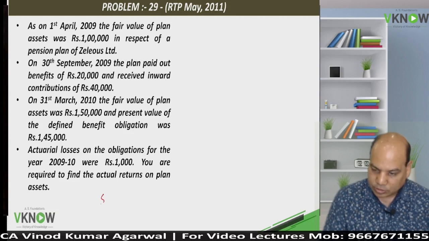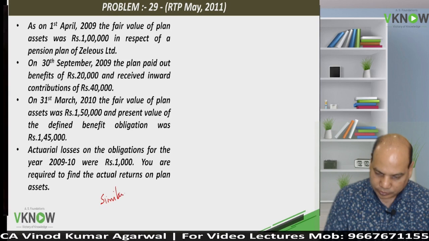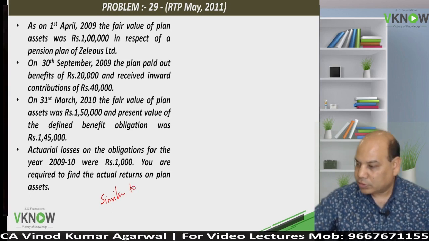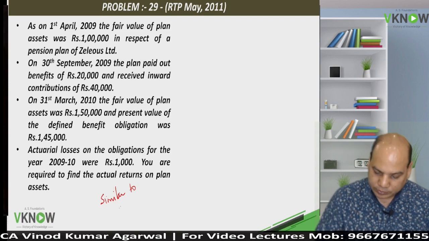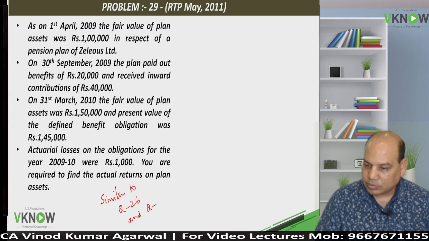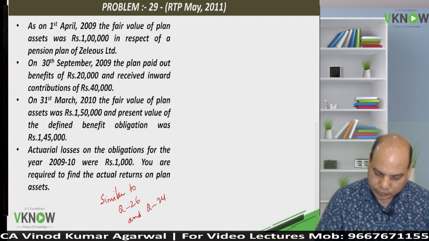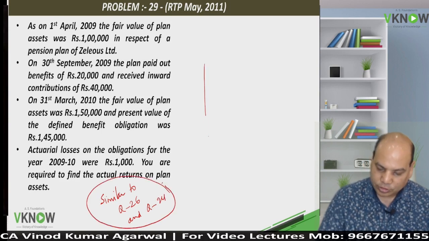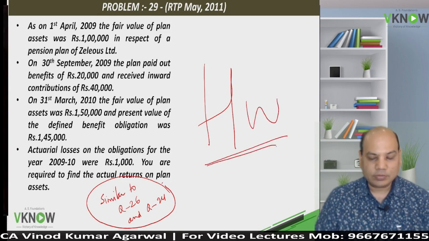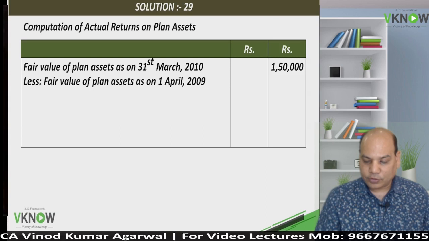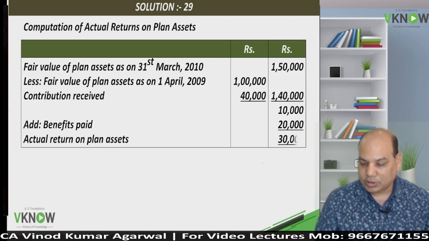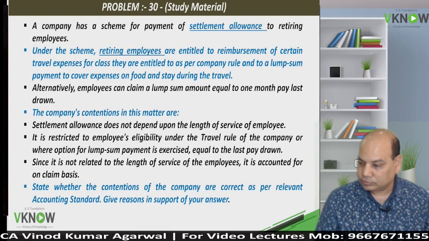This is similar to our question number 26 and question number 24. So today you have lot of homework to cover, but all questions are same and all questions have been taken from your study material, RTP, MTP and exam.